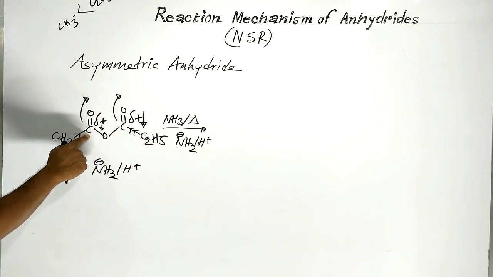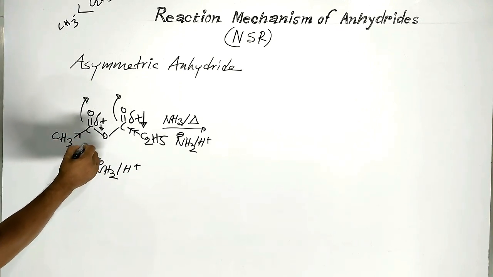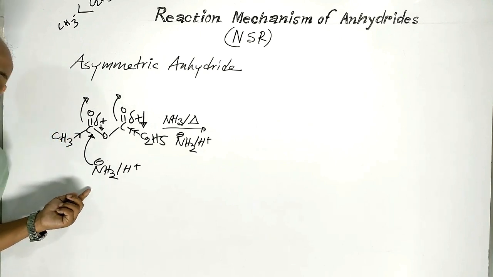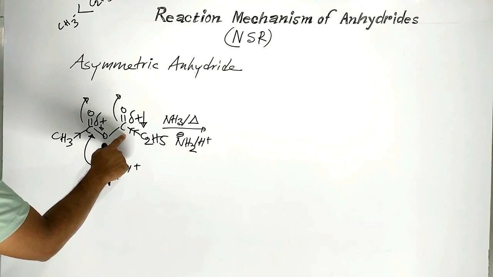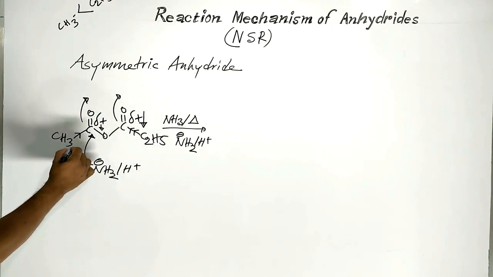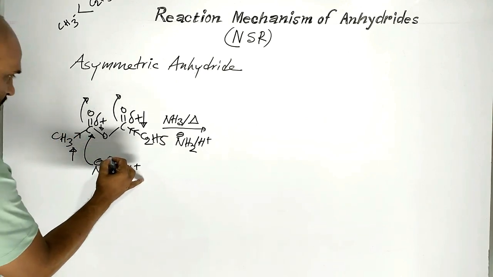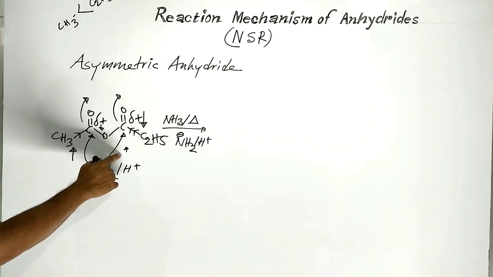In this carbon, charge density decreases to a lesser extent. That is why this carbon will be attacked by the nucleophile. This carbon becomes much more responsive to the nucleophile than this carbon. A high percentage of reactions occur here, but in this case a lesser percentage of reactions occur here.